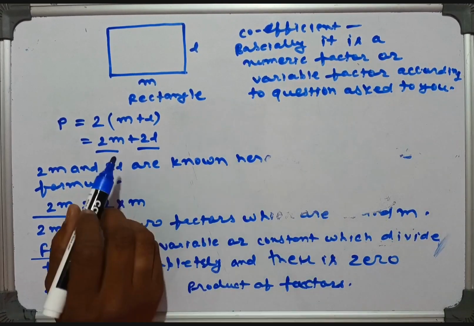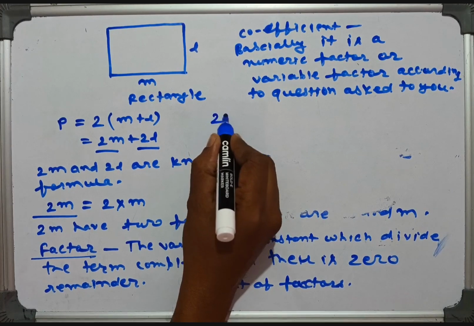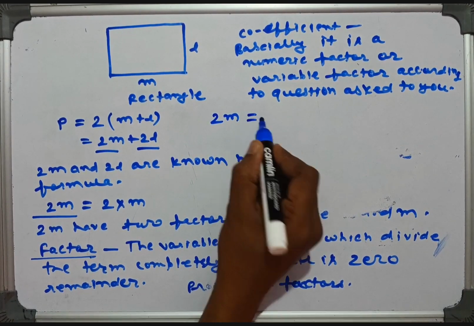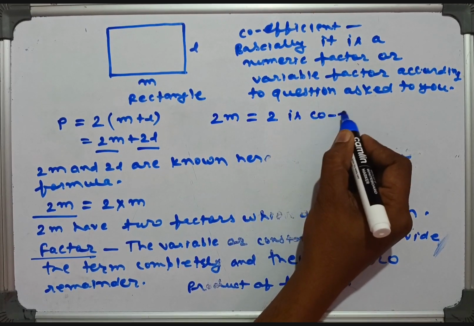Okay, in this case, suppose you consider 2m, so you can say here 2 is the coefficient of m.